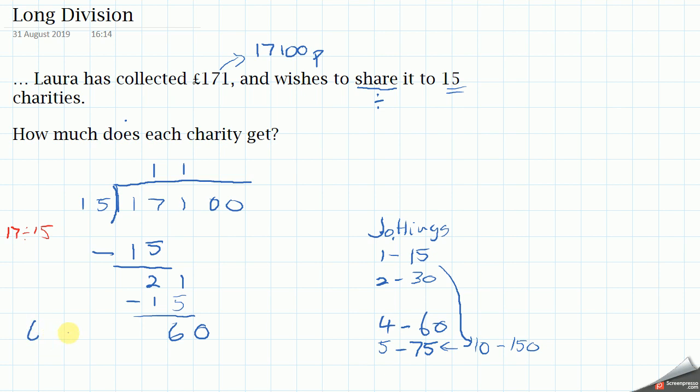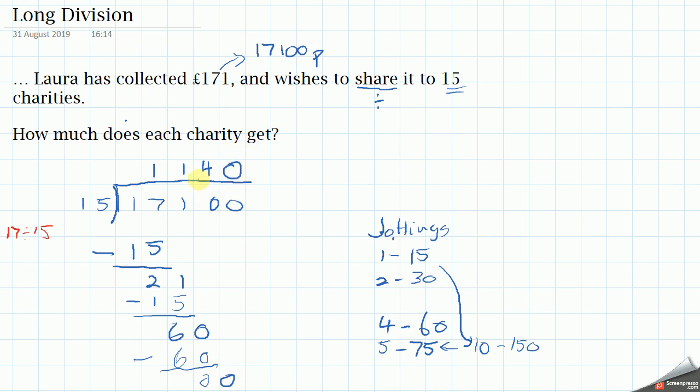So I'm going to get 60 and subtract it to deliver 0. And that was a 4 at the top. And what we have, bring down the 0, 0, 0, 15's into 0 goes nothing, and there is nothing left over.